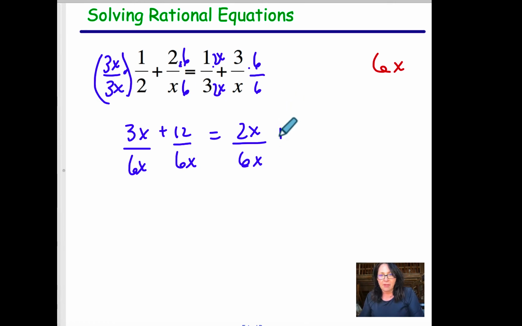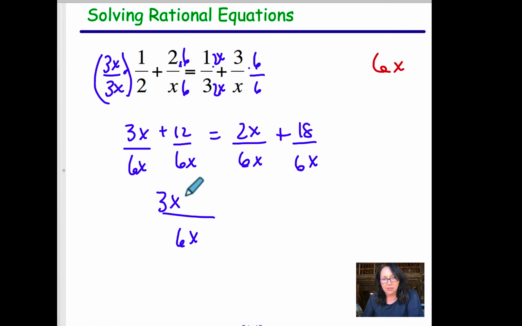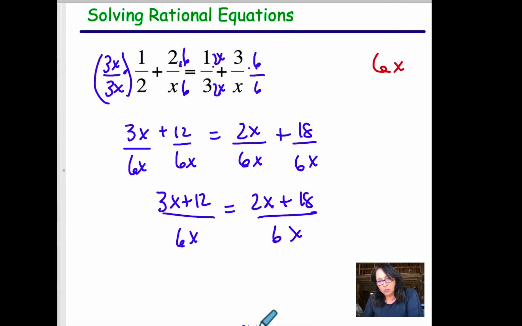And again, I've got plus 18 over 6x. Now, combining these two, I'm going to get 6x on the denominator, and on the numerator 3x plus 12. On the right-hand side, I'm going to get 2x plus 18, and this is all over 6x as well.